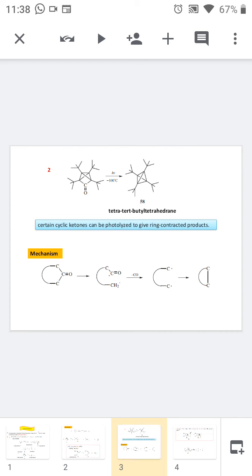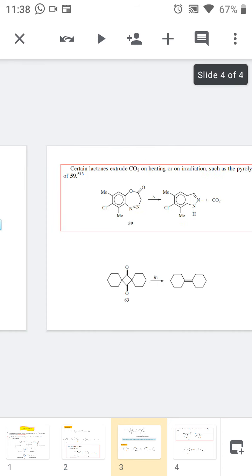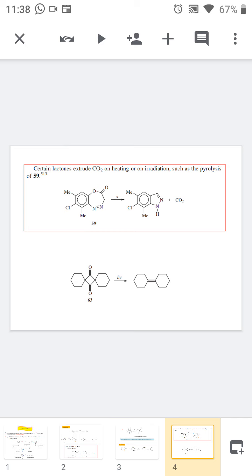And this mechanism is taking place in the presence of light radiation, and this is a very famous reaction known as Norrish type 1. Next example is the extrusion of carbon dioxide from the starting material 59, in which certain lactones, that means cyclic esters, extrude carbon dioxide on heating or on irradiating.